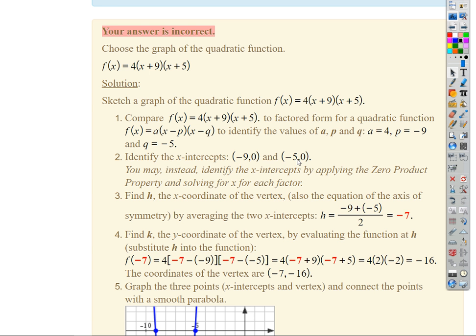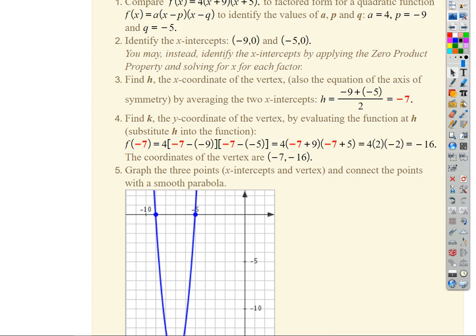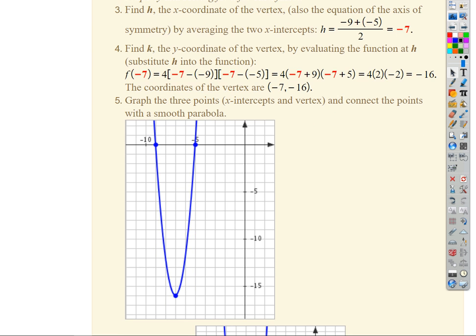We can average those to find H, which gave us -7, and then we just plug -7 into our function, and we get 4 times 2 times -2, right? So we create those 3 points and just make a smooth parabola. And for us, it means just finding that one that does that, right?